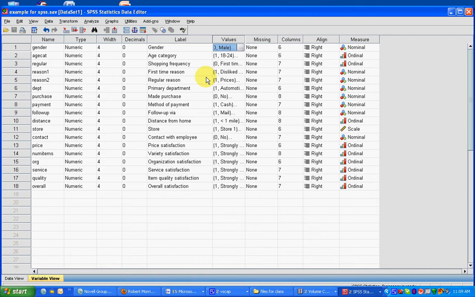So nominal and ordinal data are called non-metric. And with statistics that only use nominal and ordinal data, for the most part, you are unable to extrapolate the results to the entire population. That's one of the disadvantages of nominal and ordinal data.